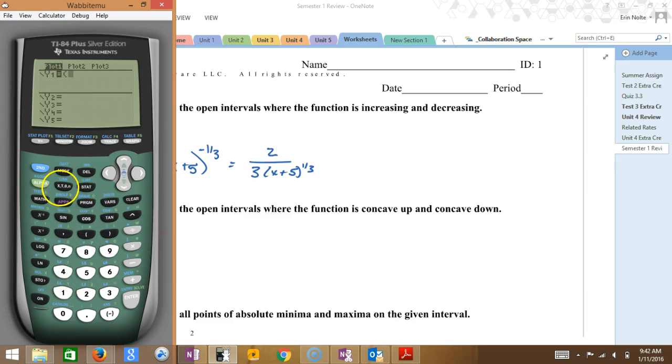So we had to be (x plus 5) to the 2/3, is that right? Oh. Well, that's not always increasing or always decreasing. I think you put it in wrong. No, I think we're okay.